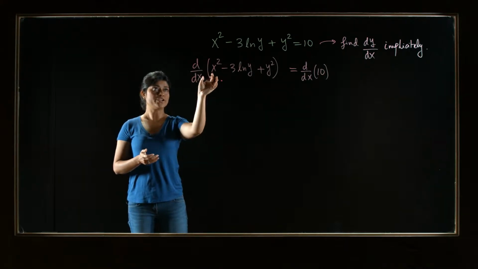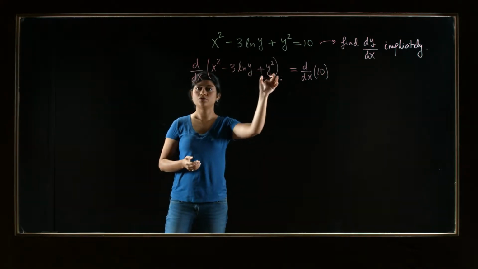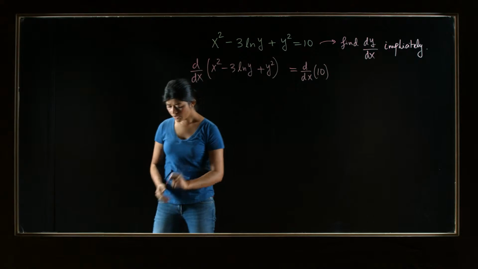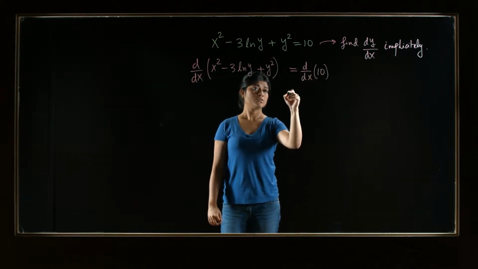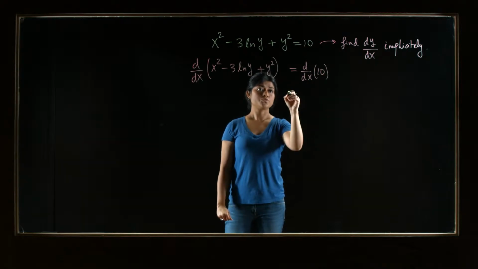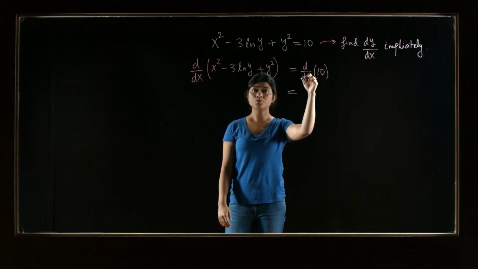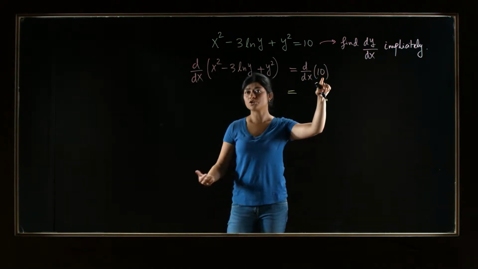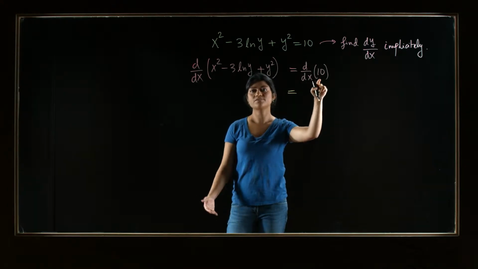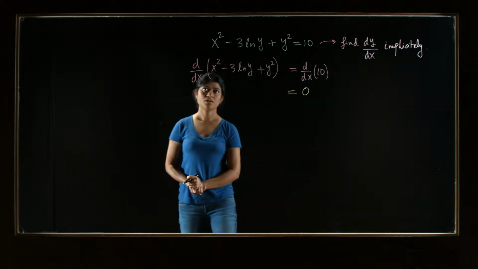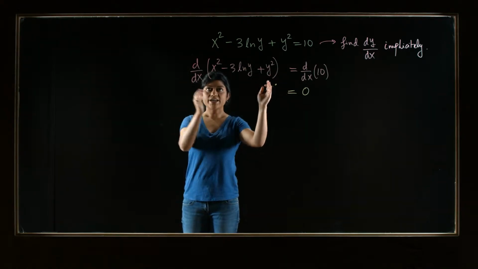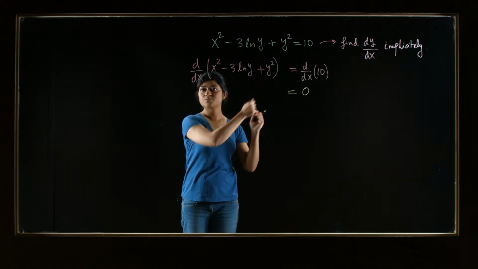And then we try to take the derivative of each term separately. Now notice that this right hand derivative should be easy to compute. Let's compute that first. 10 is just a constant, so the derivative is 0 because the derivative of any constant is 0. But on the left hand side, we have three separate expressions.